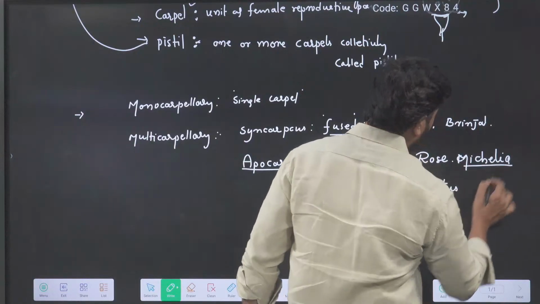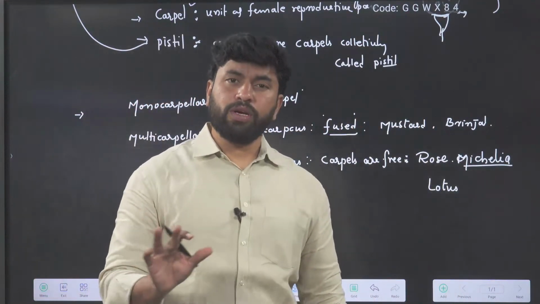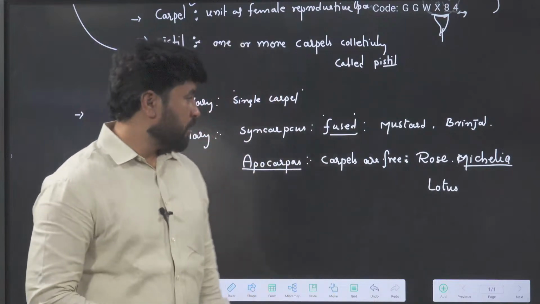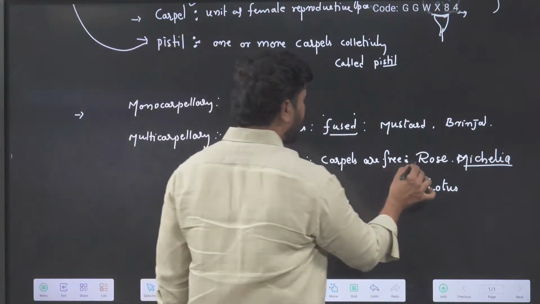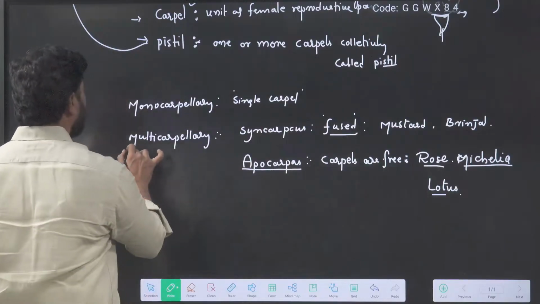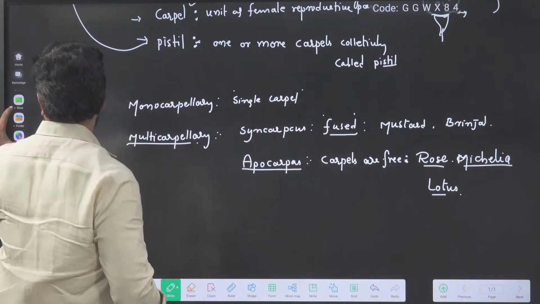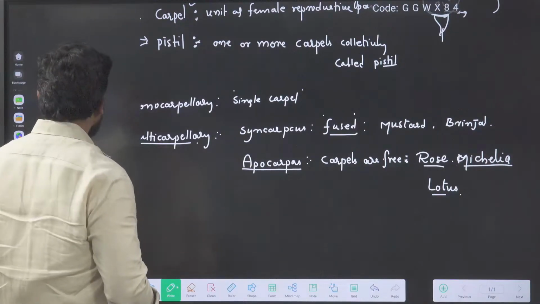Careful, Michelia is present in the second year NCERT book in sexual reproduction in flowering plants. Rose and lotus both are given here as examples. That's about multicarpellary gynoecium.